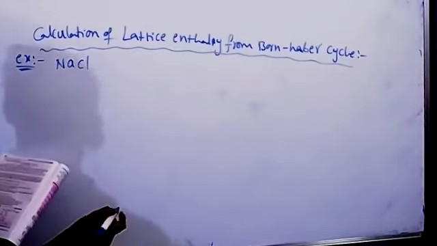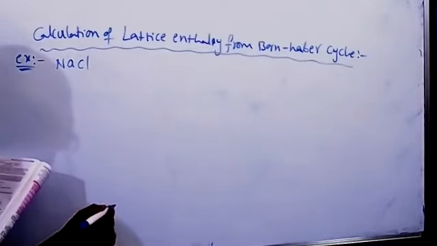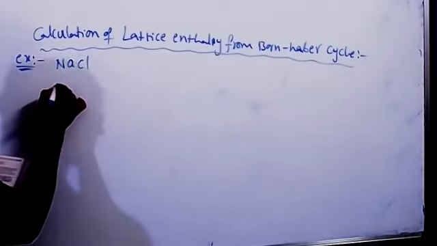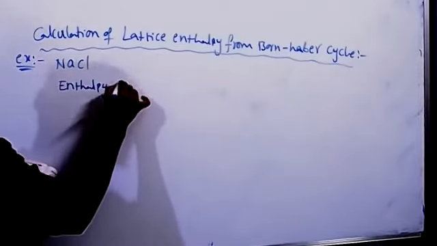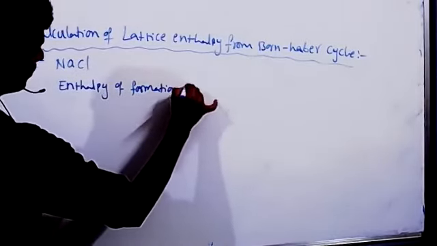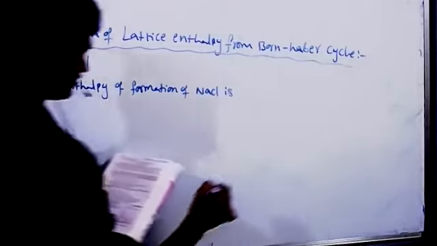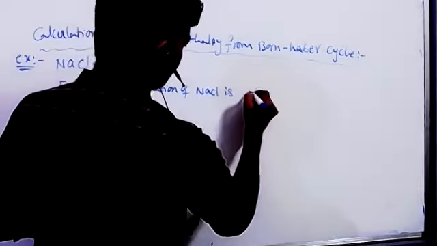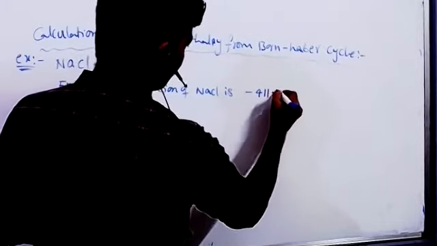Some given values: the enthalpy of formation of NaCl is minus 411.2 kilojoule per mole.